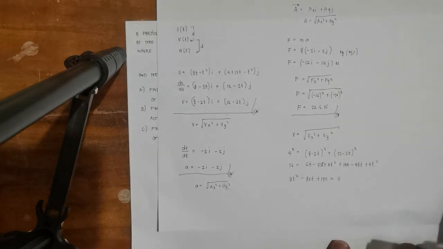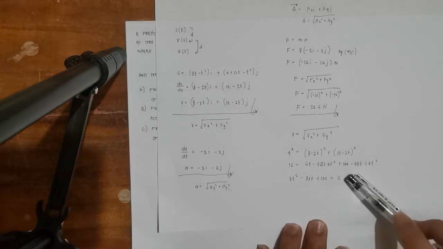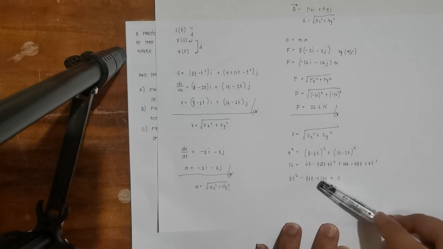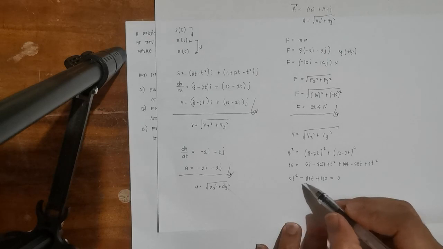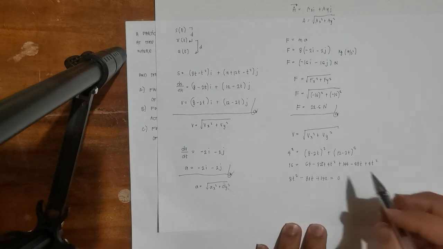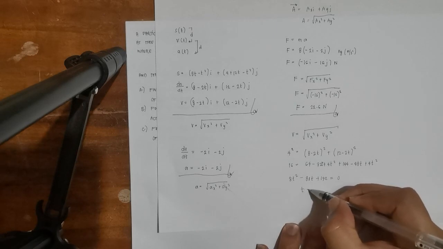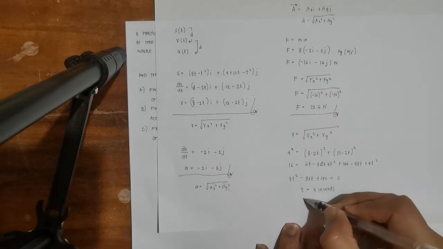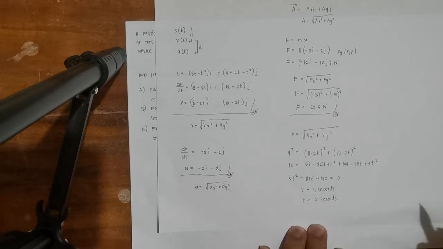So, we arrive in a quadratic equation. So, pag quadratic equation, calculator na lang po yun, mode 5, 3. Or you can use factoring if you want. So, using your calculator, since quadratic equation, dalawa po yung makukuha nating value ng time. So, t is equivalent to 4 seconds, and the other value is 6 seconds.